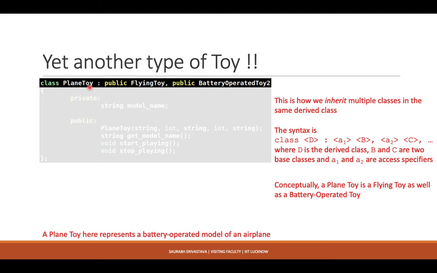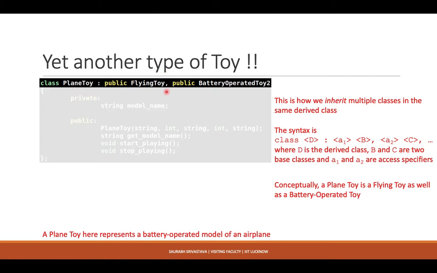So basically I say that there's another class of toys called flying toys, and these are again inheriting directly from the toy class. So I say that a plain toy is simultaneously a flying toy as well as a battery operated toy. So there are two different types of properties that this class plain toy is going to inherit.